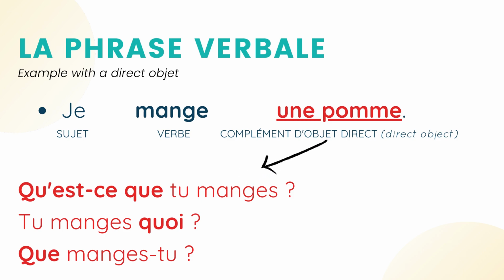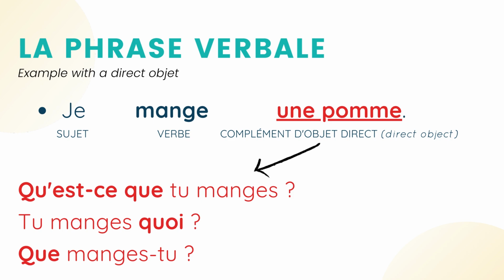Let's say that I'm talking and there's a lot of noise around me, and you hear je mange. The question you would ask to get the missing information will be a what type of question. That's an open ended question, and you would ask qu'est-ce que tu manges, or tu manges quoi, or que manges-tu? But in any case, I'm asking a what type of question.